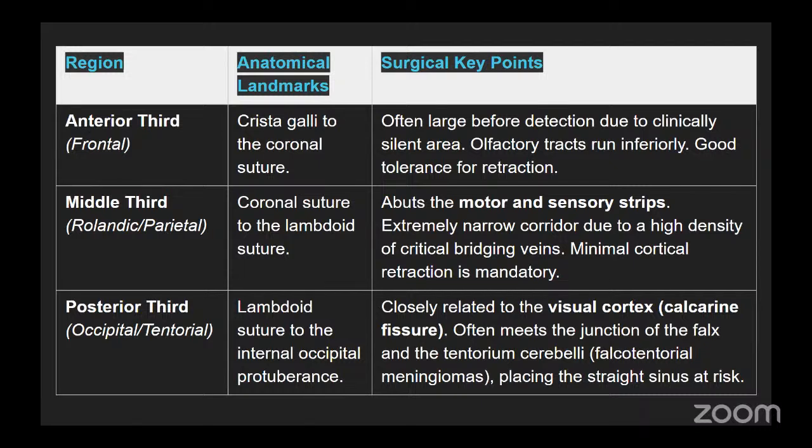Posterior third presentation is closely related to the visual cortex. And if there is involvement of the torcula, then the management and the presentation could also change, along with whether the Falcine meningioma is towards the side of the dominant transverse sinus. So it will depend heavily on how big the meningioma is and what important venous structures it is involving.